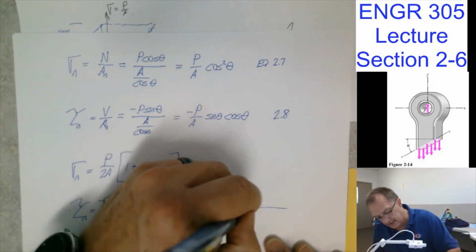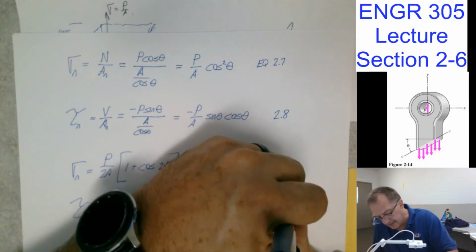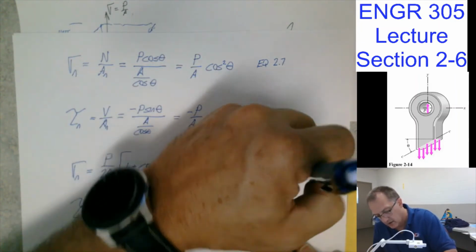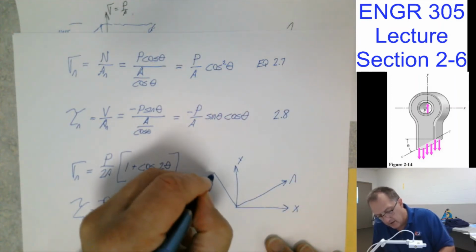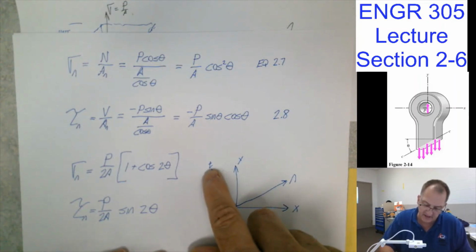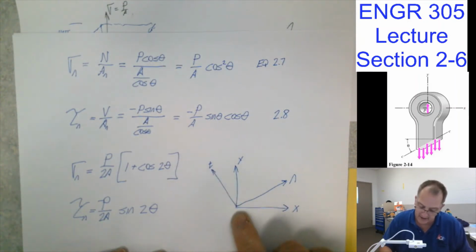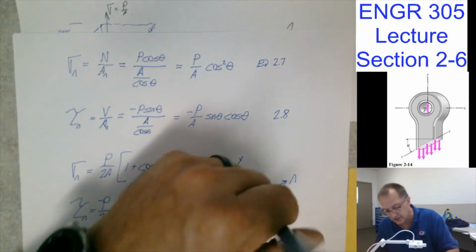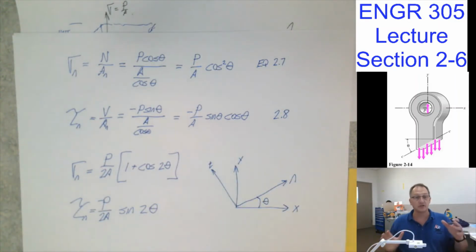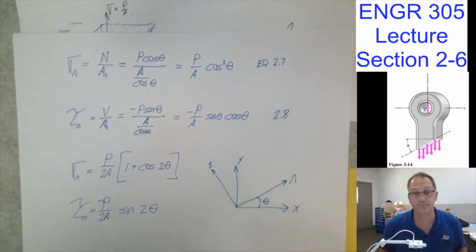This is always from a perspective of x, y, n, and t. So now my n is the normal face, and that's the tangential direction. That's normal to the face, and that's the tangential. And that defines x to n, defines our direction of the angle. We're going to run into this right away in our example problem, so we've got to be tracking that and be aware of that.